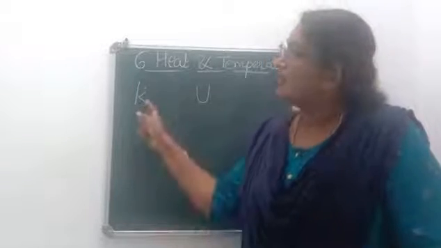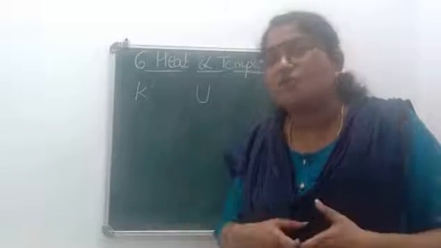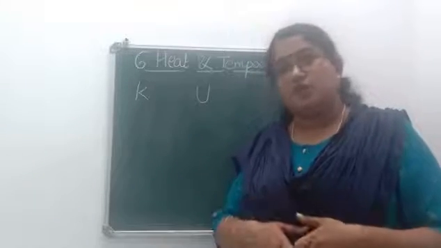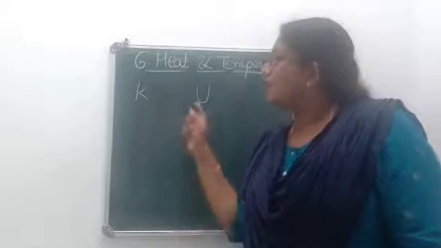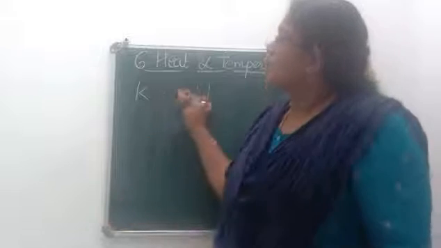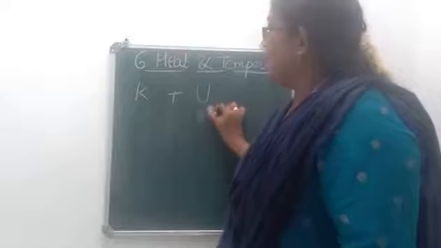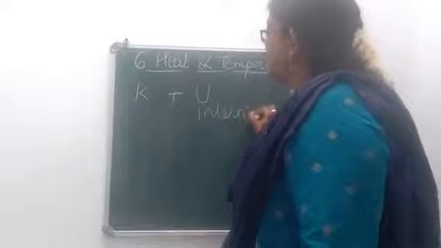Due to motion, they possess kinetic energy, and there is a strong force of attraction between the molecules of matter, and due to that they possess potential energy. Now, the sum of this kinetic and potential energy can be called as internal energy.